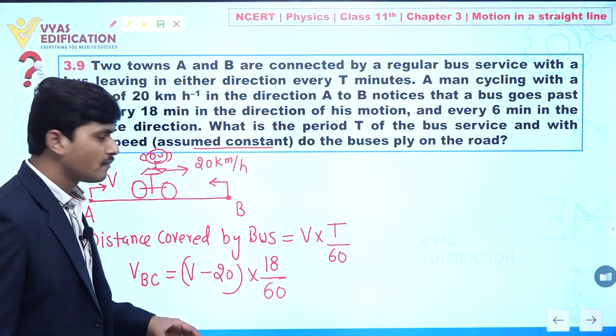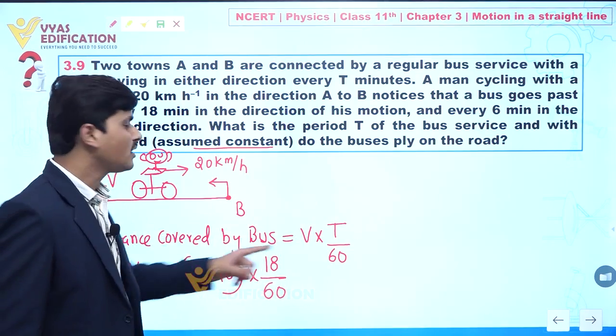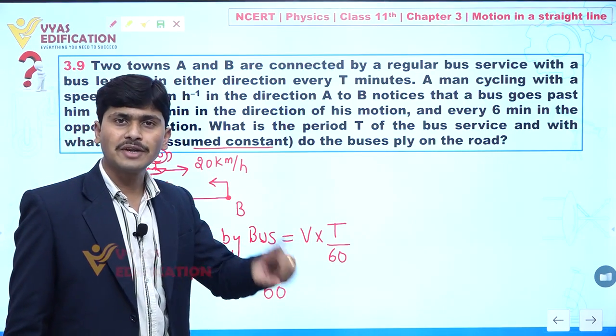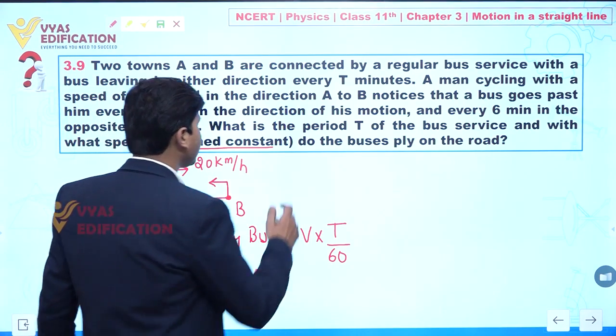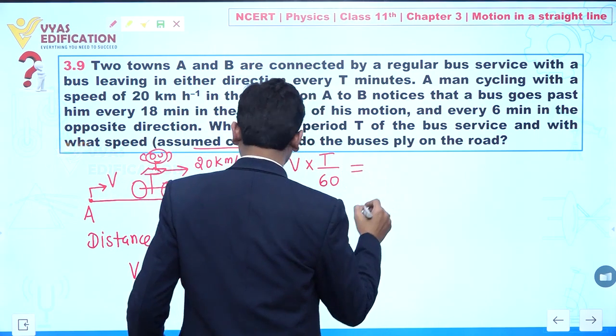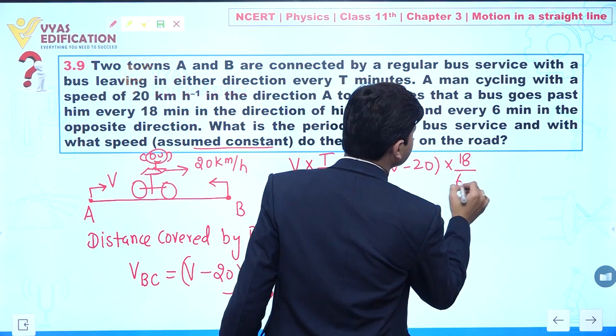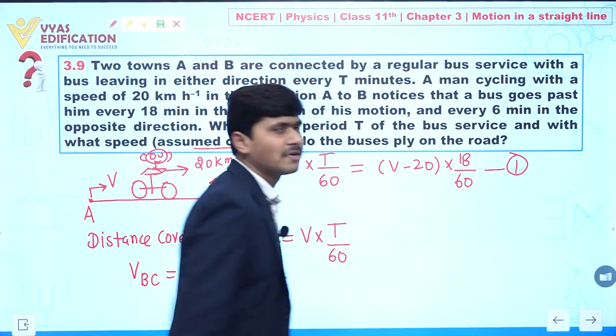And just after 18 minutes another bus is departing from town A. It means we can write one equation: V multiplied by T by 60 should be equal to V minus 20 multiplied by 18 by 60. Let's call this equation number 1.